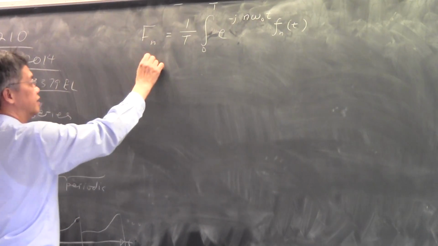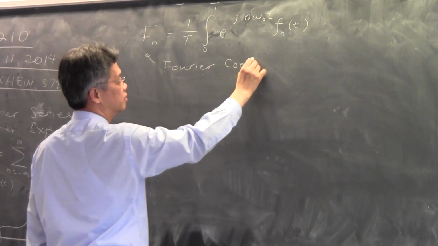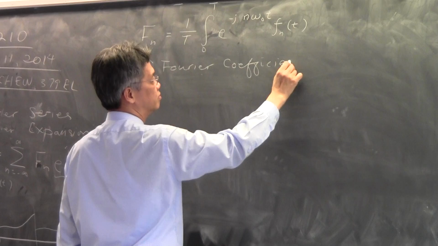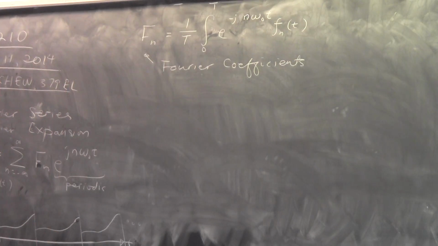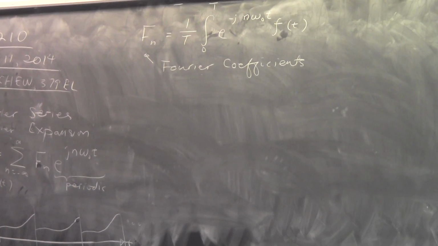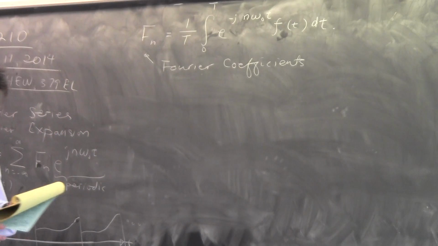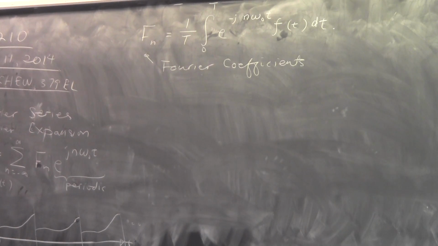This is also known as the Fourier coefficient. Okay? So if I give you a periodic function, the rest is just hard work. Did I miss something? F sub n, right? Sure. No, the dt. Very good, dt.